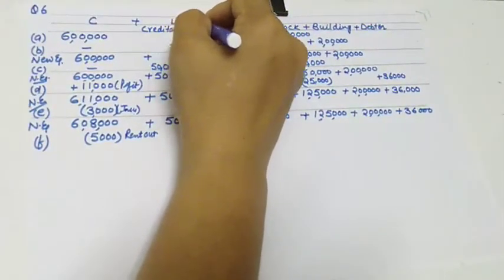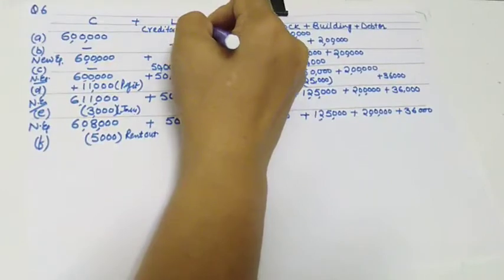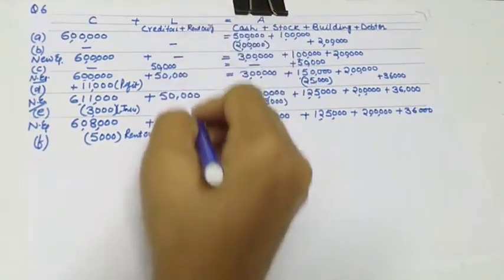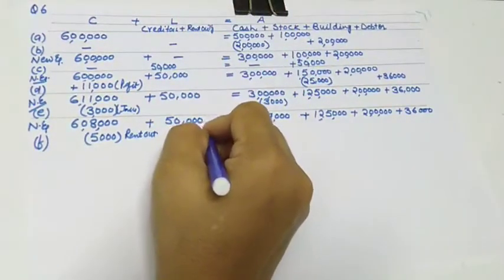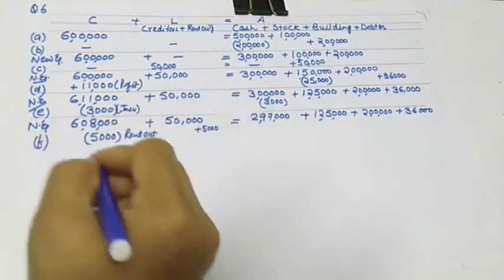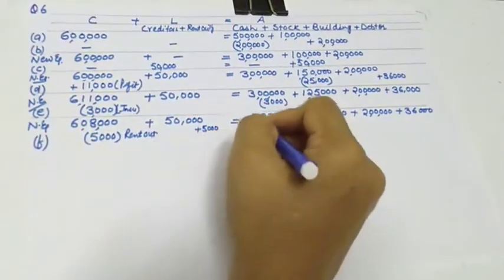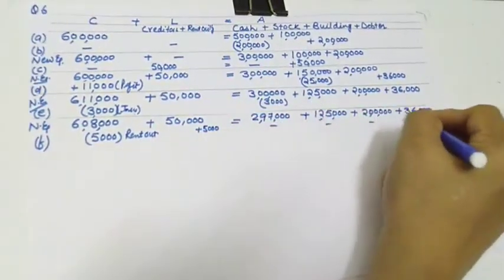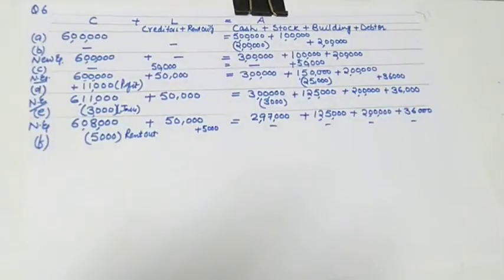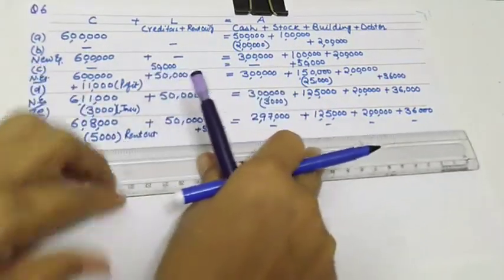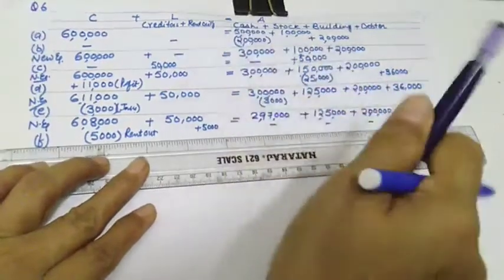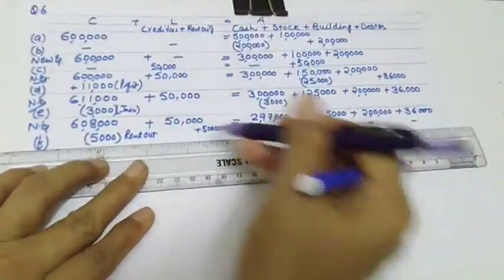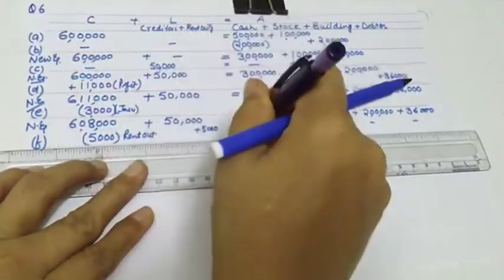Name is rent outstanding, and this is 5,000. So no change on asset side. Change will be there only and only on the liability side. This is my liability side.